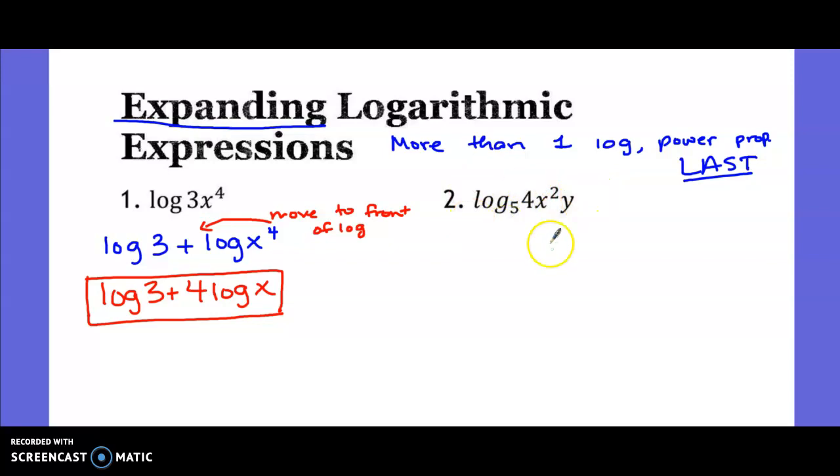Okay. Second example here, log base 5 of 4x squared y. Always do the power property last. So between 4x squared y, that's multiplication happening 3 times: 4 times x squared times y. So I'm going to have 3 things that I am adding together. Log base 5 of 4 plus log base 5 of x squared plus log base 5 of y.